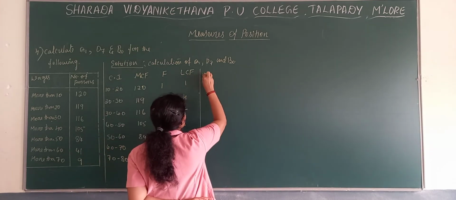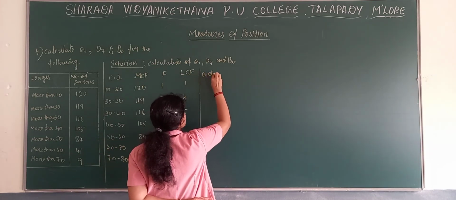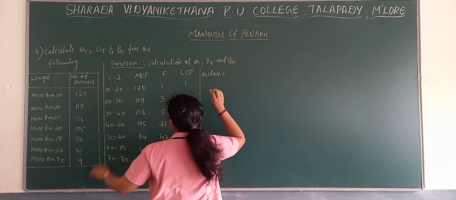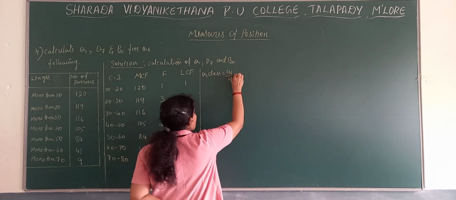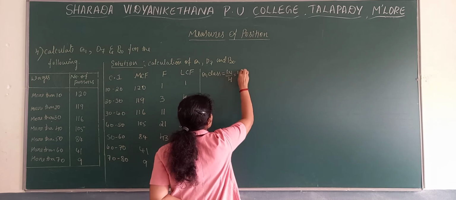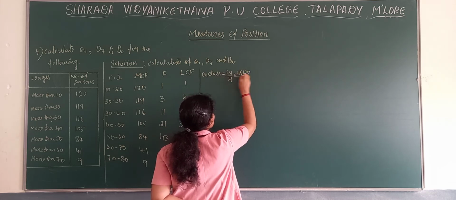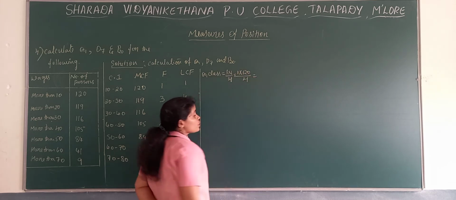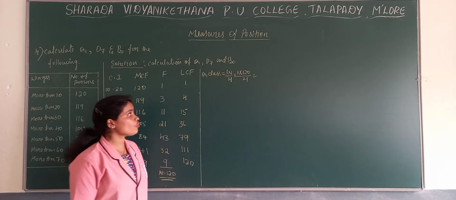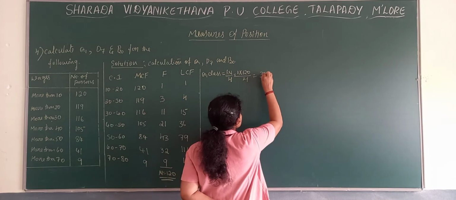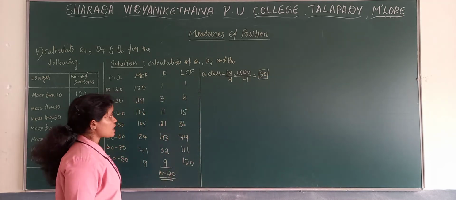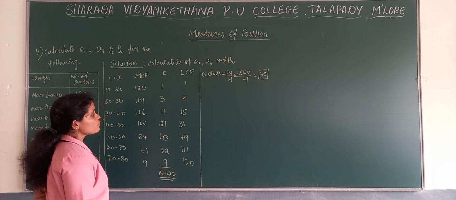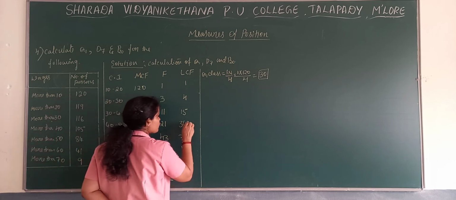So here the Q1 class is equal to i into N by 4. i is nothing but 1, N is 120 by 4. So here we get 120 by 4, which is 30. This is your Q1 class value. Now see where 30 will fall in the LCF. 30 will fall here.